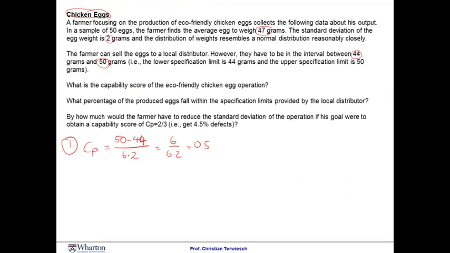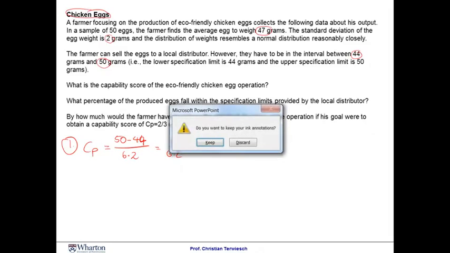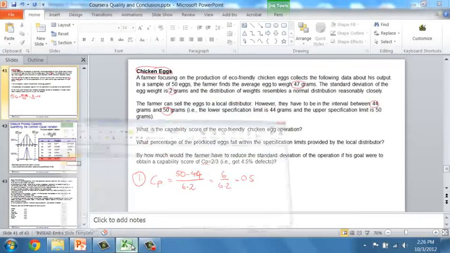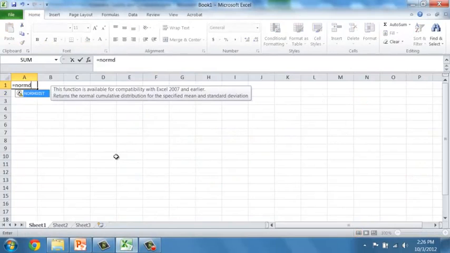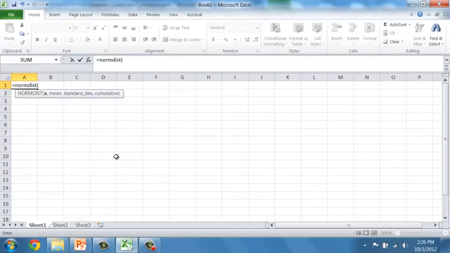And that's what the second question is about. What percentage of the eggs fall within the specification limits provided by the local distributor? For that, I have to leave my PowerPoint quickly and jump into Excel. What I want to find out is, from the normal distribution, the upper specification limit is at 50.